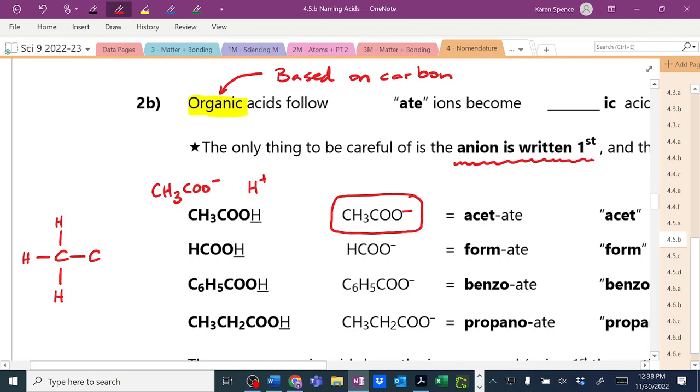We're just drawing the Lewis structure for acetic acid here. The carbon is attached to another carbon. There is a double bond to an O, and a single bond to a second O, and then a bond to an H.